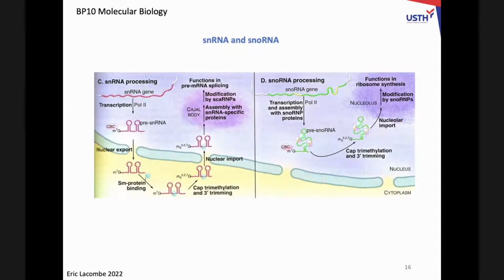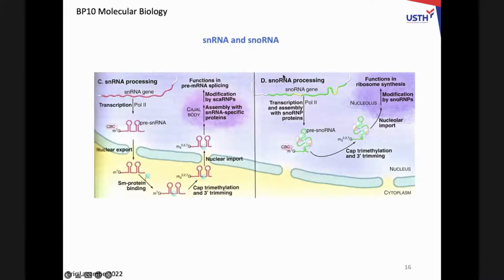In other words, if a classical Pol2 gene needs to be spliced at one moment or another, some other genes also transcribed by Pol2 need to be active. You understand what I mean? So it's quite key, because you need Pol2 in order to have Pol2 functions.